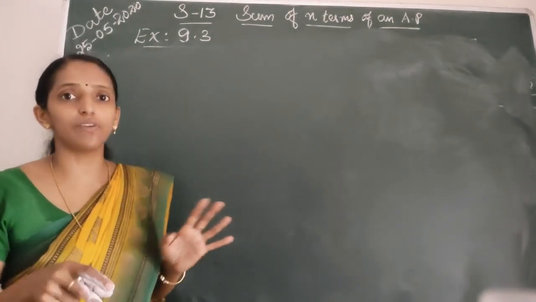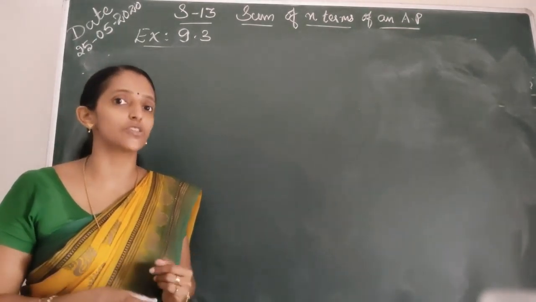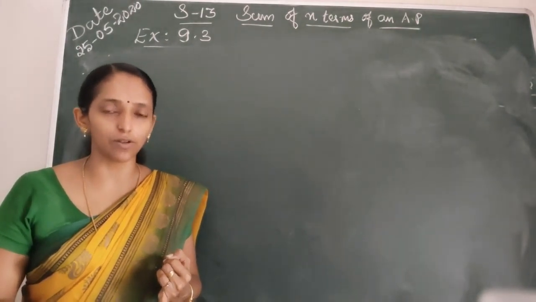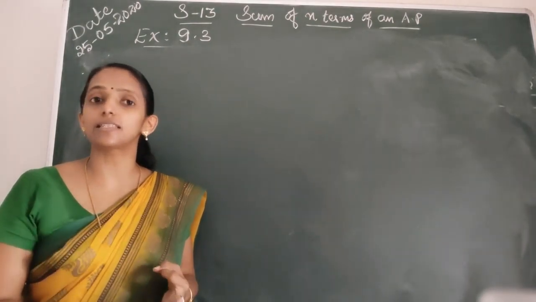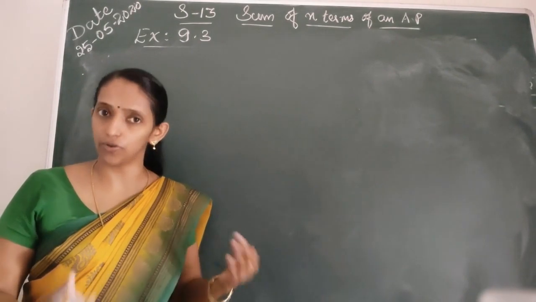We were solving a few questions related to the sum of the series, and we have seen different cases. If the last term is unknown, you can calculate. If a is unknown, you can calculate. If d is unknown, you can calculate, and n also, you can calculate.